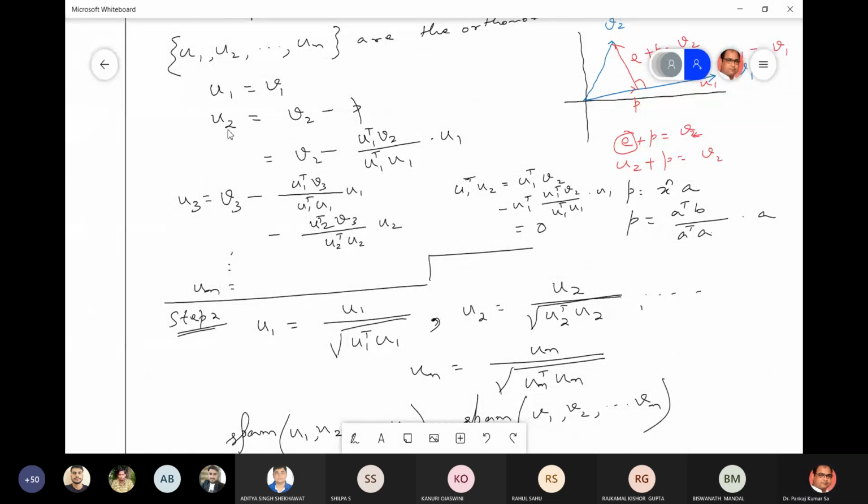Just look at this. u1 is equal to v1. u2 is equal to v2 minus something times v2, right? Is this not a linear combination of v2?